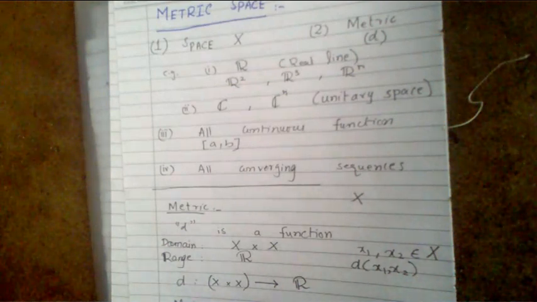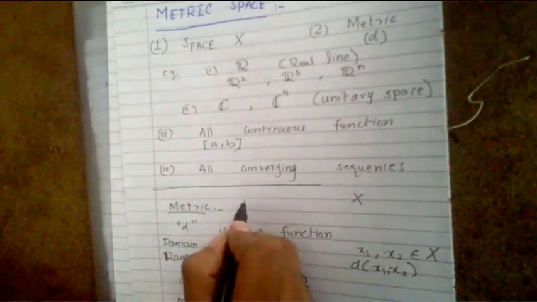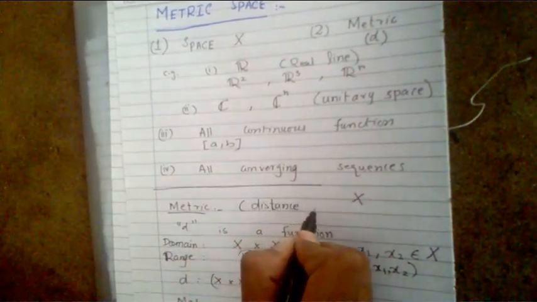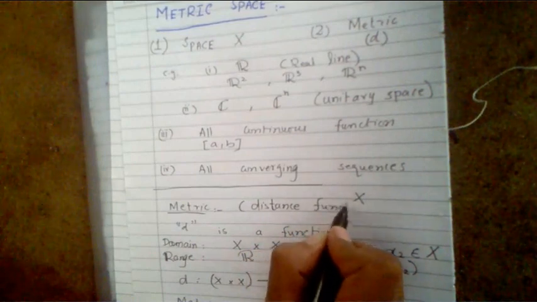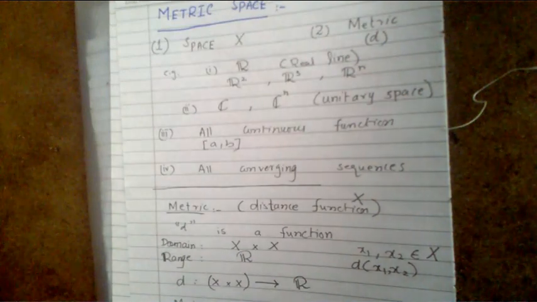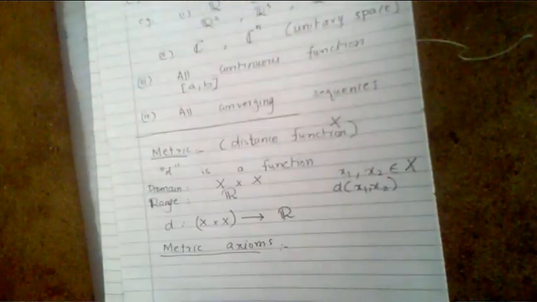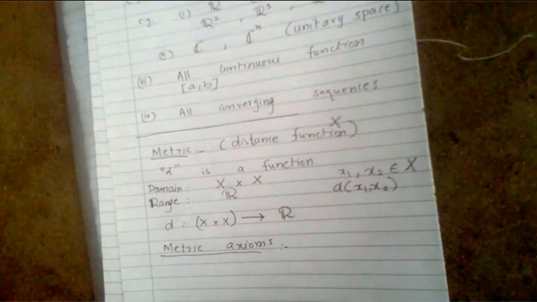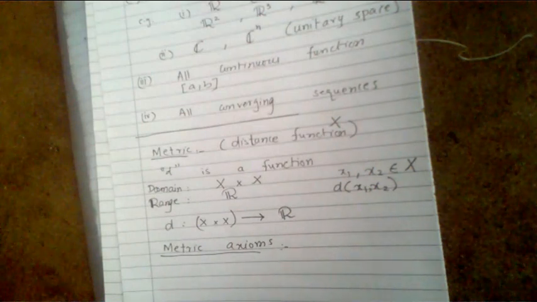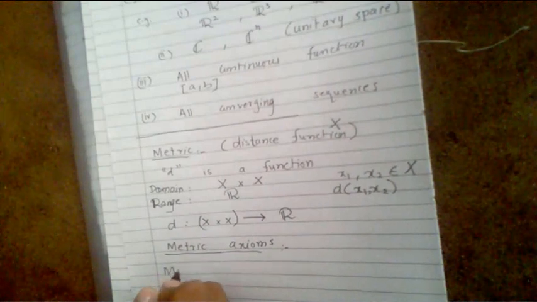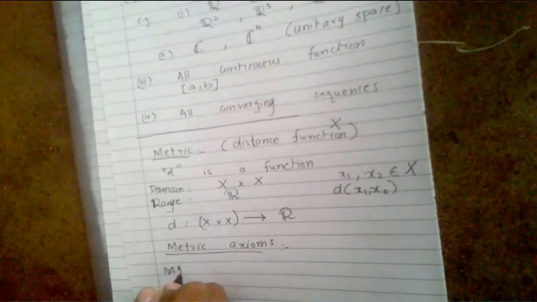First, you need to understand that d is also called the distance function. Since d is a distance function and the distance function has to be always non-negative, the first axiom is called M1.